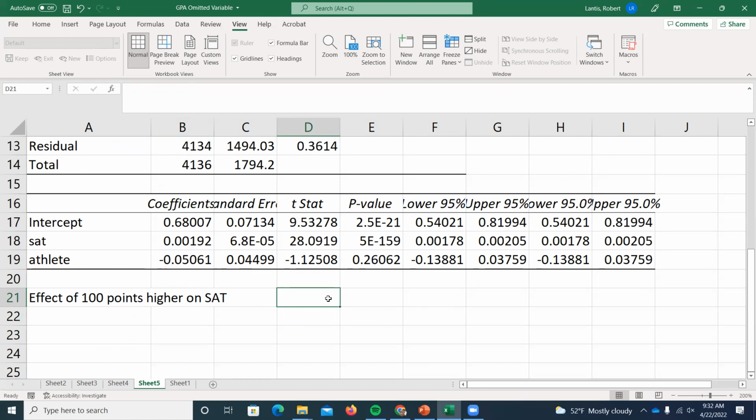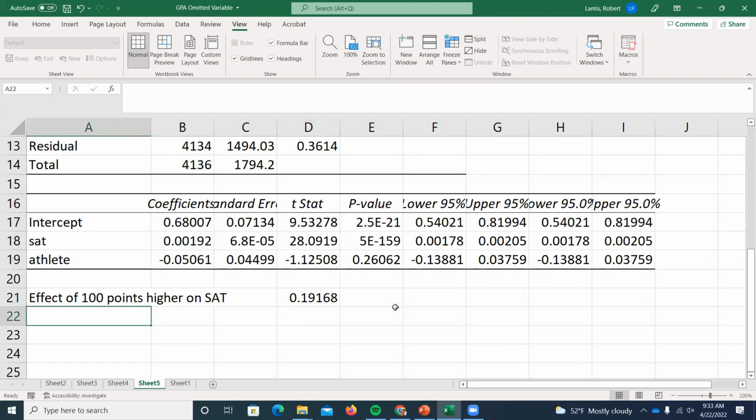Simply, if scoring 1 point higher increases my GPA by 0.0019, scoring 100 points higher would increase it by 0.0019 times 100, right? If I know the effect of 1 unit, to get the effect of any other number of units, I just multiply by however many units I'm interested in. So the effect of 1 unit is 0.0019. The effect of 100 units would be that times 100.